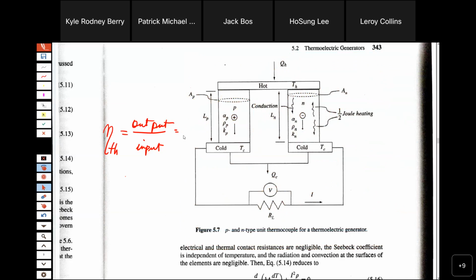This is a generator. What is the input of a generator?